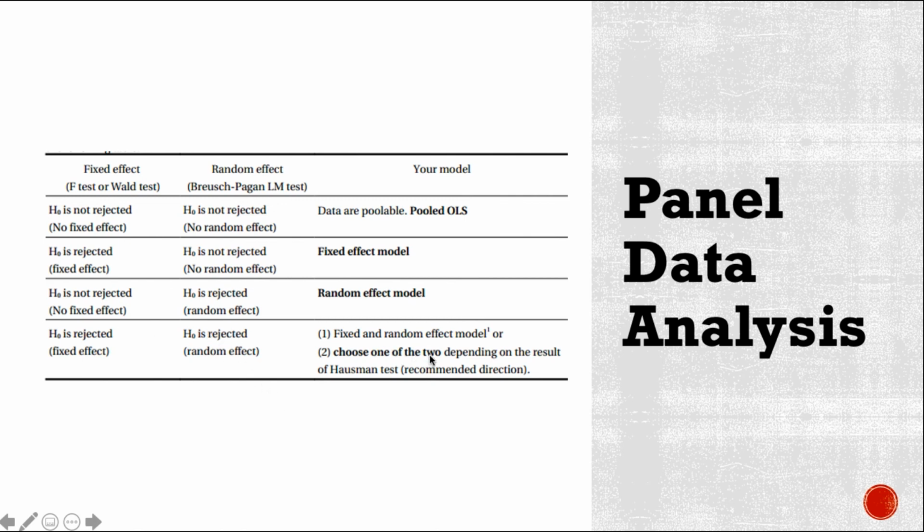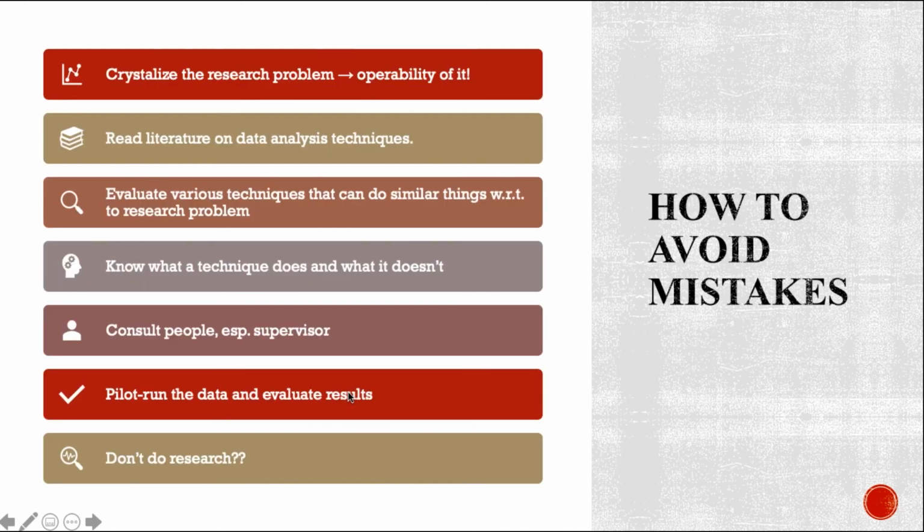Choose one of the two depending on the result. If this comes, then we use fixed effect. If this comes, reject the random effect hypothesis, then we use random effect. So this Hausman test will tell us.